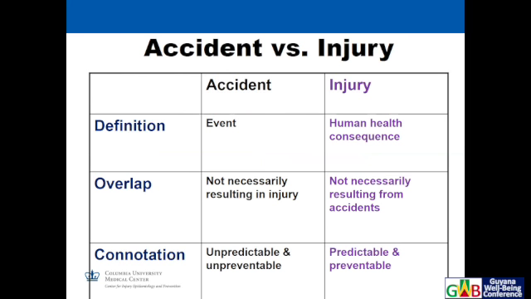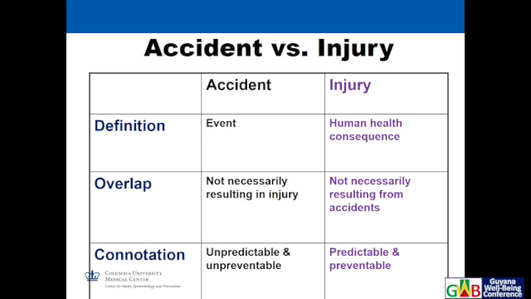The other concept I would like to introduce here is accident versus injury, because the term accident is still being used in some parts of the world, especially in the public health and medicine field. So what are the differences? I listed a few here. In terms of the definition, accident refers to the event that may or may not cause human injury. It could be a major accident that may not involve any injury.